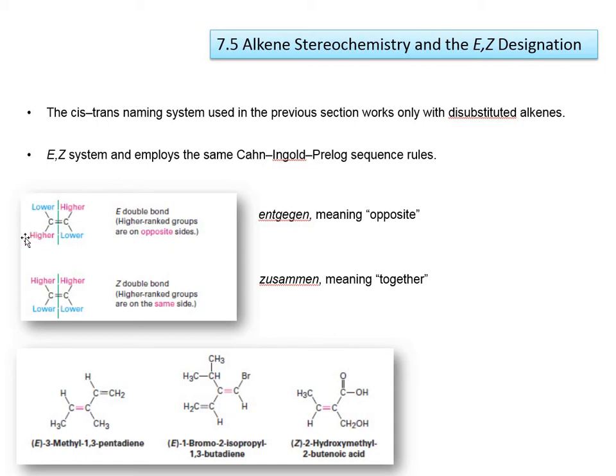Then if the higher priority groups are on opposite sides, we say this is E, from the German entgegen, meaning opposite. If the higher ranked substituents are on the same side, we say this is the Z isomer. As you remember, we covered these topics in the previous lectures.